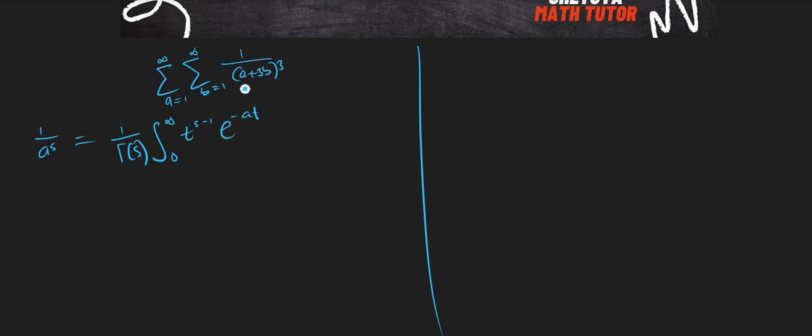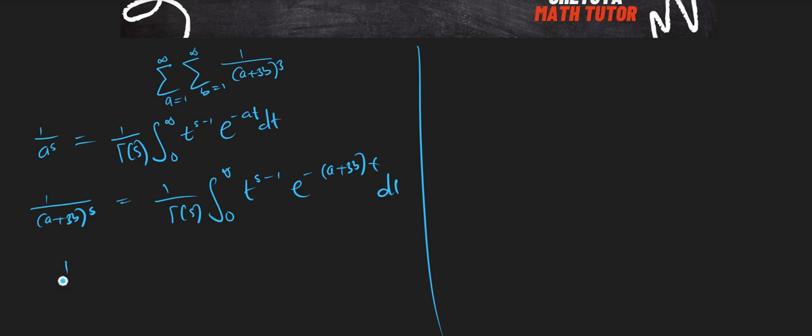Now, if we take a to be a plus 3b, then 1 over (a plus 3b) to the s power will be 1 over gamma of s times the integral from 0 to infinity of t to the s minus 1, e to the negative (a plus 3b) t dt.